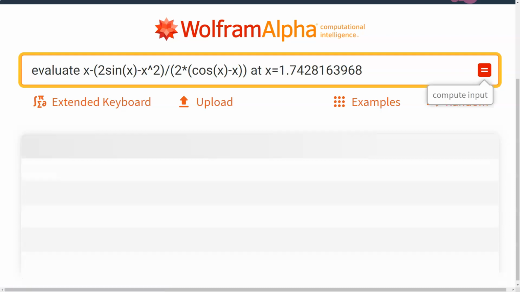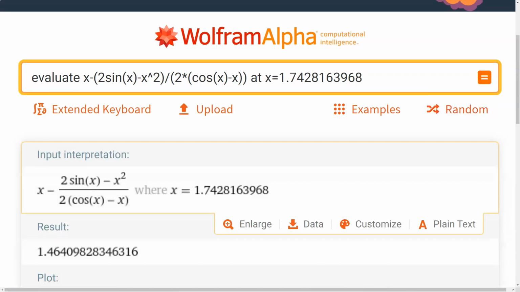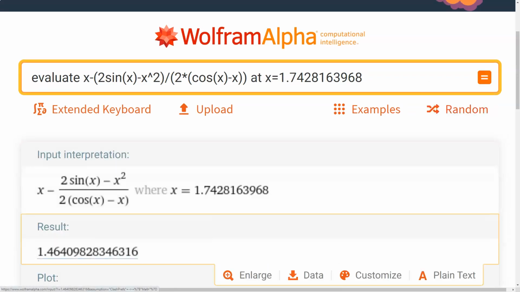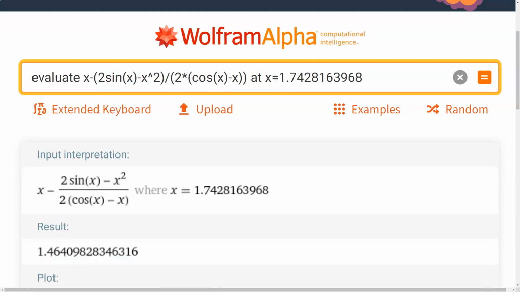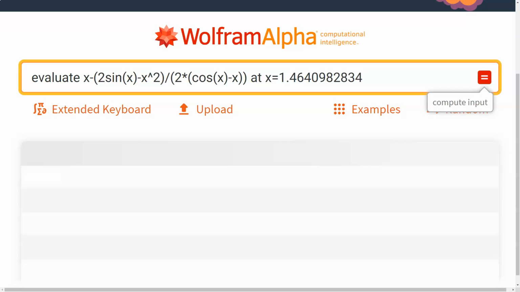So here's our next one, 1.464. So you can see we're already getting much closer to that root. So here we're at 464,098,2834. Okay, let's see what the next one is.